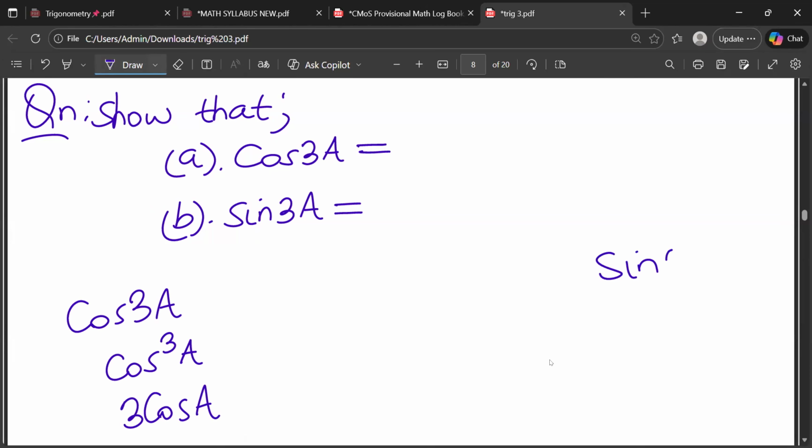Then even for sine 3A, we have the sine cubed A. Then we also have the 3 sine A. You should understand that one very well.